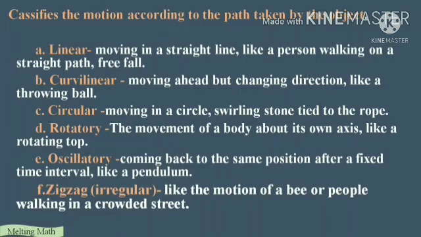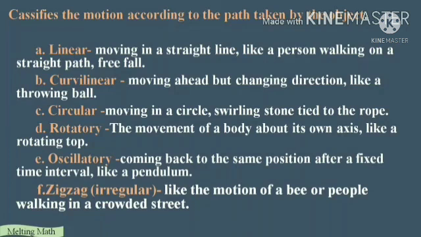Rotatory motion, the movement of a body about its own axis, like a rotating tap. Oscillatory motion, coming back to the same position after a fixed time interval, like a pendulum. Next, zigzag or irregular motion, like the motion of a bee or people walking in a crowded street.